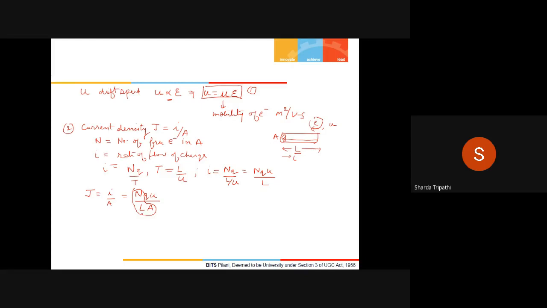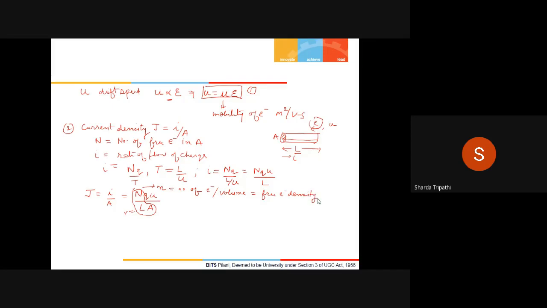And I know that length into area gives me the volume. So this N divided by L into A can be written as small n, which is the number of electrons present per unit volume. This is the number of electrons per unit volume, also known as the free electron density of the material.